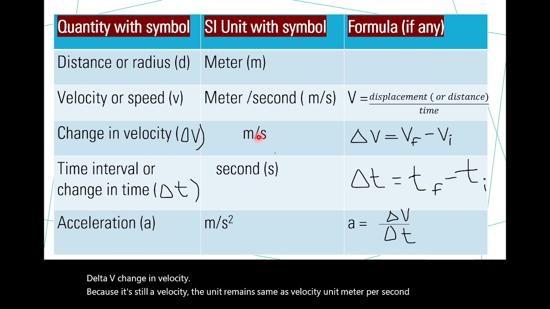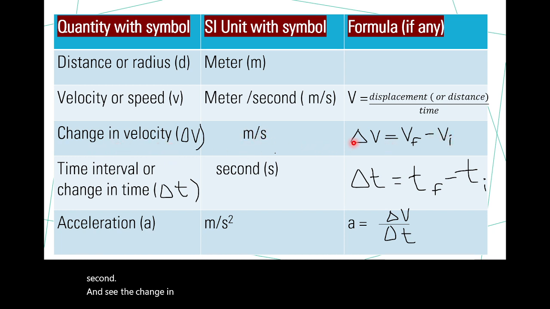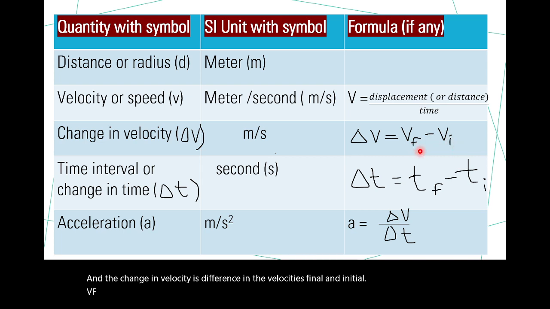And the change in velocity is the difference of the velocities, final and initial: Vf minus Vi. F here is final, i is initial. Initial means starting.